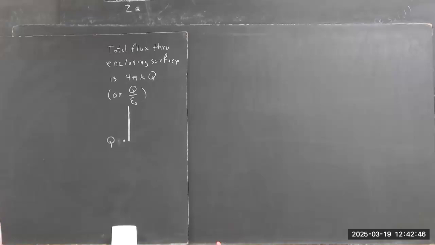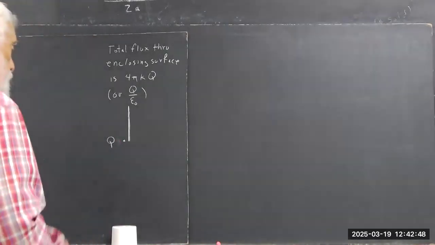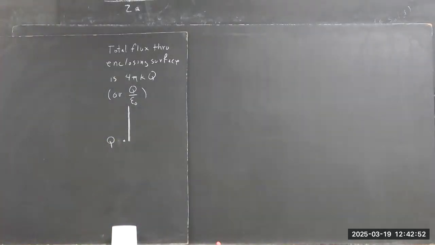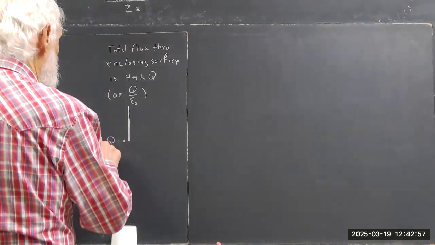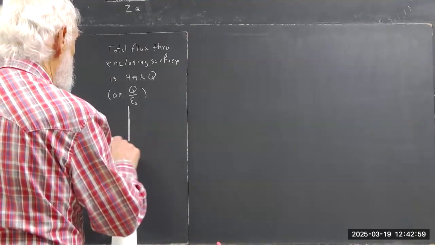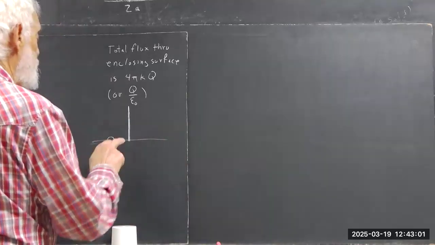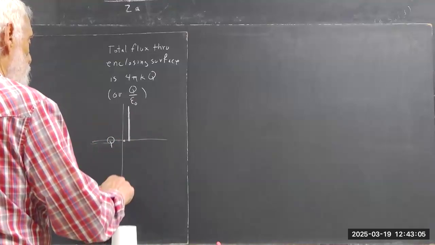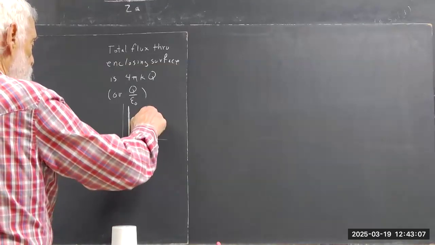Okay, so kind of give you a hint here. Field lines just give the direction of the field. So field lines are going to extend to the right and left of the charge, right? They'll extend up and down, and they'll extend in every direction.